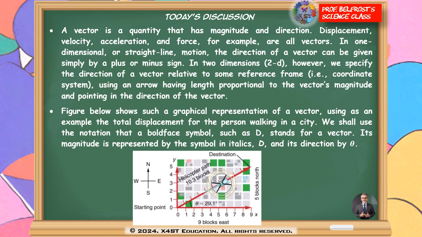Here's the figure showing a graphical representation of a vector, using an example that we have discussed before. The boldface symbol such as D stands for a vector, and its magnitude is represented by its symbol in italics, which is D italics. Actually, it's not intentionally bolded.